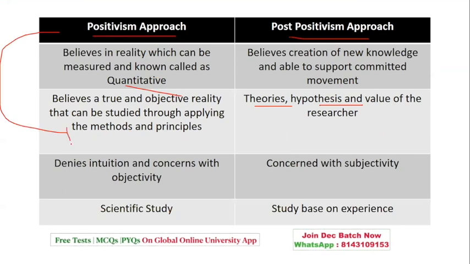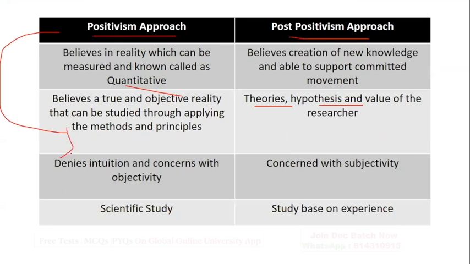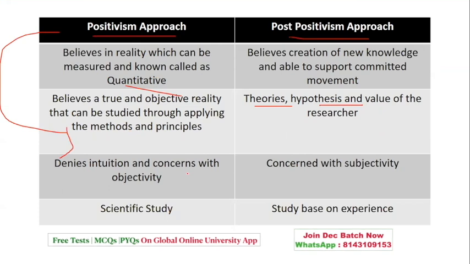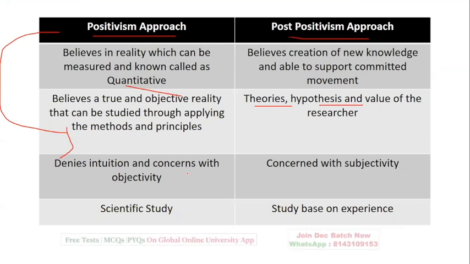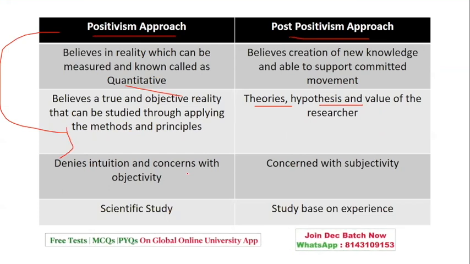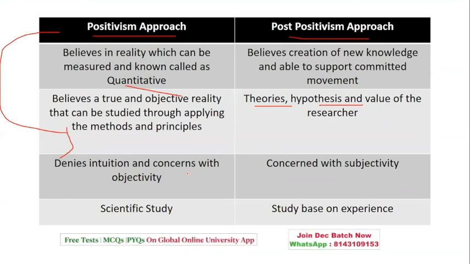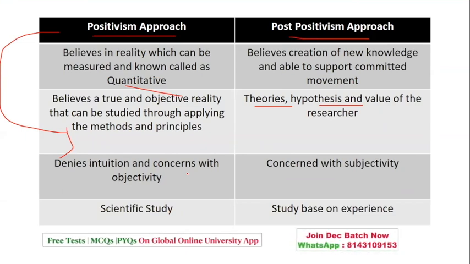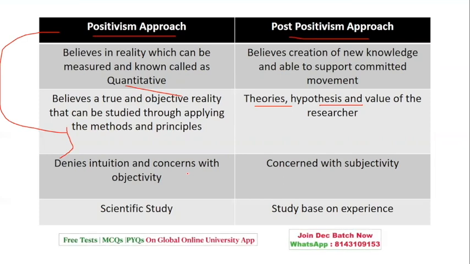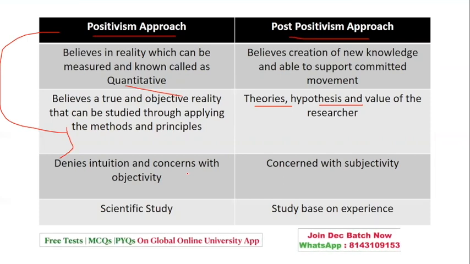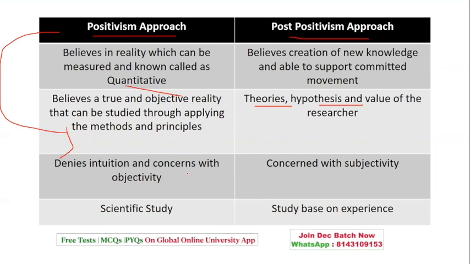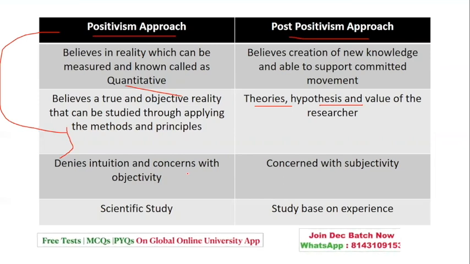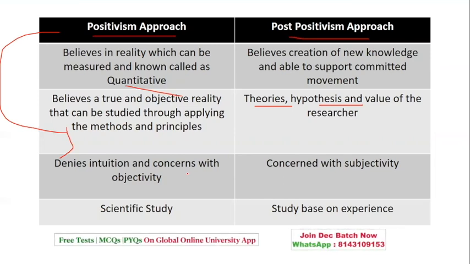Positivism denies intuition. They do not go with any intuition and are concerned only with objectivity. Whereas post-positivism is concerned with subjectivity. So positivism includes scientific study, and post-positivism you can also call qualitative, in the form of description or experience.